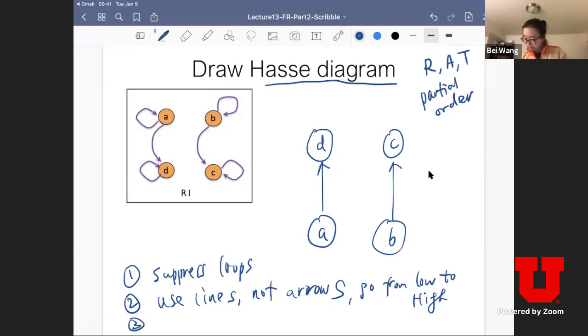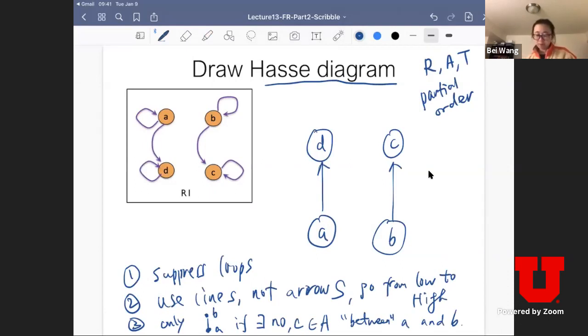Rule number 3, only have an edge between A, B, where A is low, B is high, a line between A, B, if there exists no C in my set that sits between A and B. So this is just to omit some form of transitive relation.